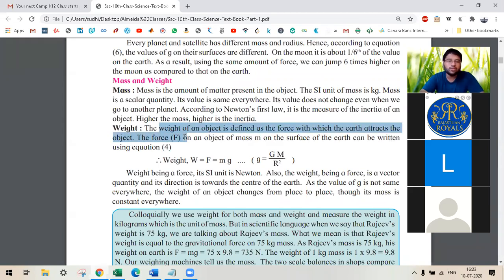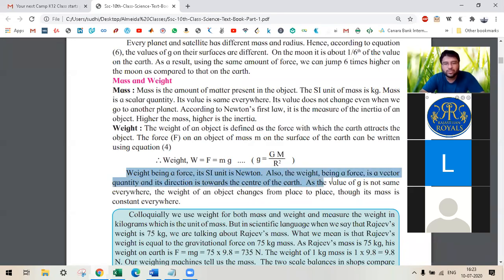The force F on an object of mass m on the surface of earth can be written as F = mg. This g is a small g, and the value of g is GM by R squared, which is calculated to be 9.77. So you have to note this point too. Weight being a force, its SI unit is Newton. And it is a vector quantity, and it is directed toward the center of earth.